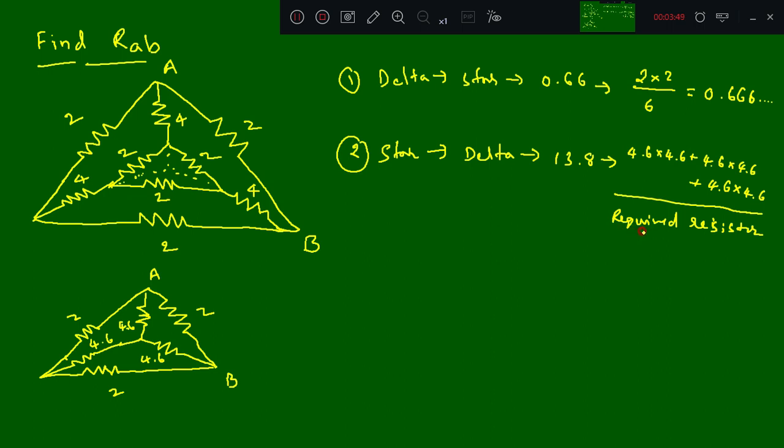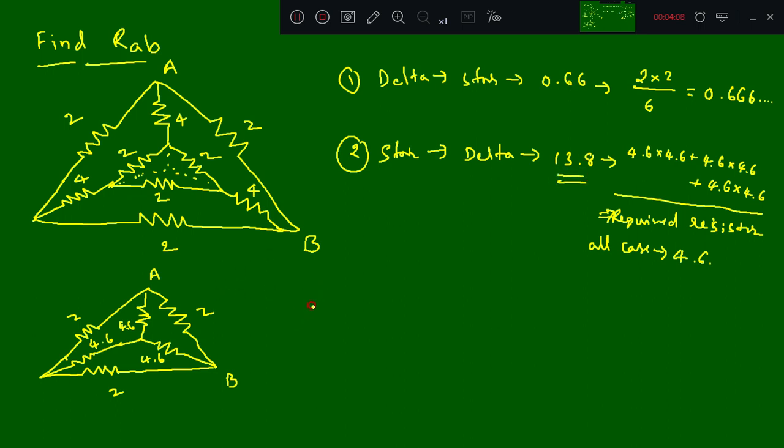I think this will be the same in all cases, so we get 4.6 only. When you do this, the value you are going to get is 13.8.